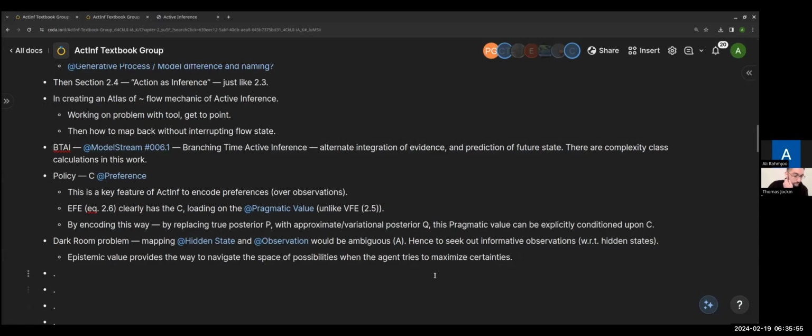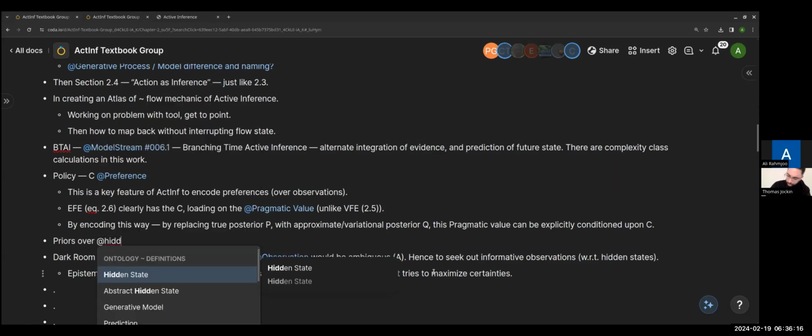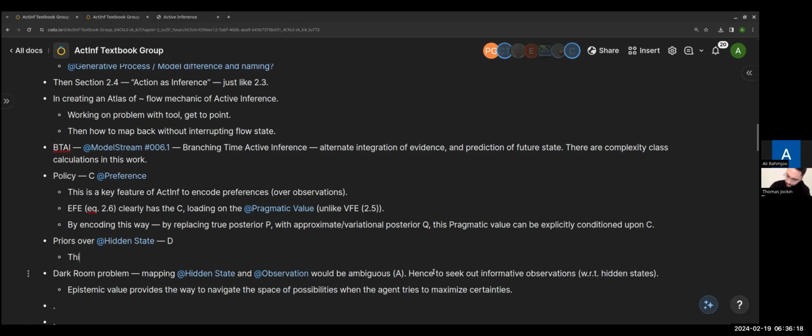Can I add something in answer to your question? The probability of observation conditioned on C is totally different from the priors over states, because priors over states only encode beliefs about the true states of the world, irrespective of what is preferred.